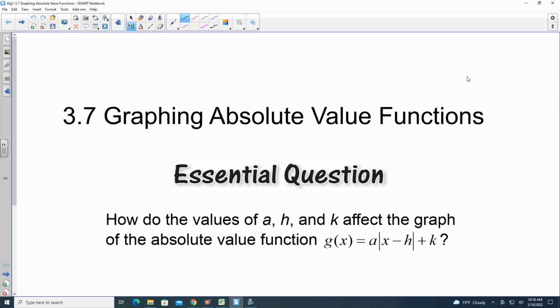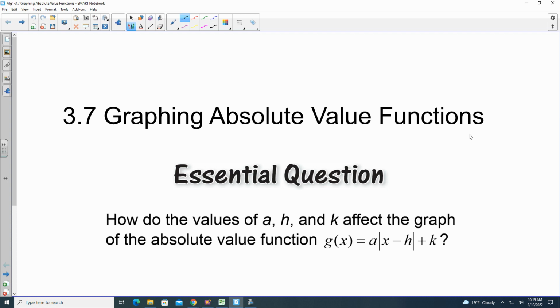In this lesson, we're going to be looking at section 3.7, where we're going to be graphing absolute value functions. So anything that has an absolute value in the function classifies as an absolute value function.